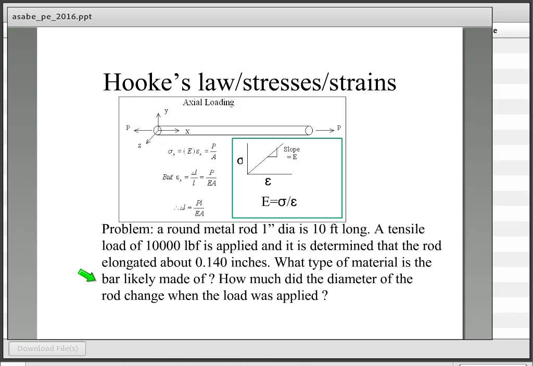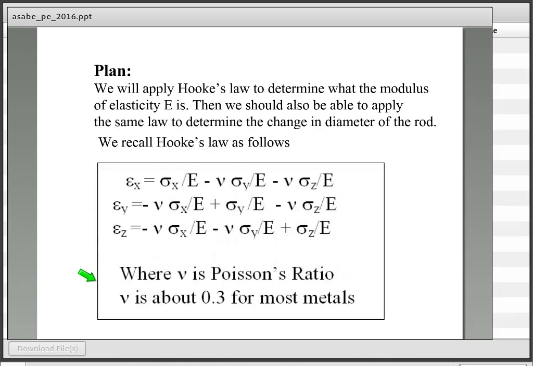And so let's look at the possible solution here. We review again basically Hooke's law. This is a generalized Hooke's law statement, that the strain in the x direction is the stress in the x direction divided by the modulus of elasticity, which we've said. But this includes the possibility of having stresses in two other orthogonal directions. In the case of an axial load, though, these are zero.